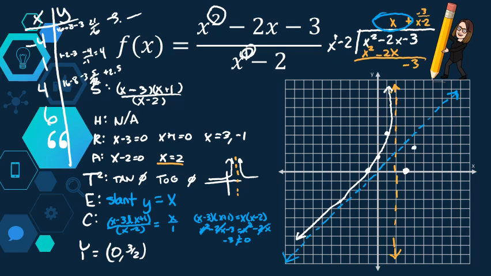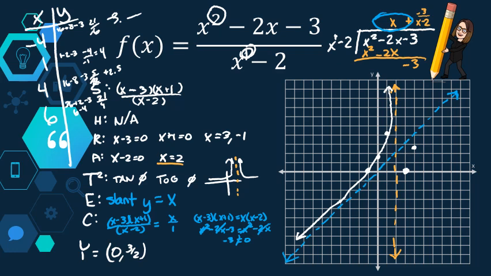That makes sense. Okay, here's what I like, even if you can't use a calculator, your points should make sense with your asymptotes. Let's plug in 6 and see if we've gone even higher to approach that diagonal asymptote. If I plug in 6, I've got 36 minus 12 minus 3. So guess what? 24, 21. And then 6 minus 2 is 4.